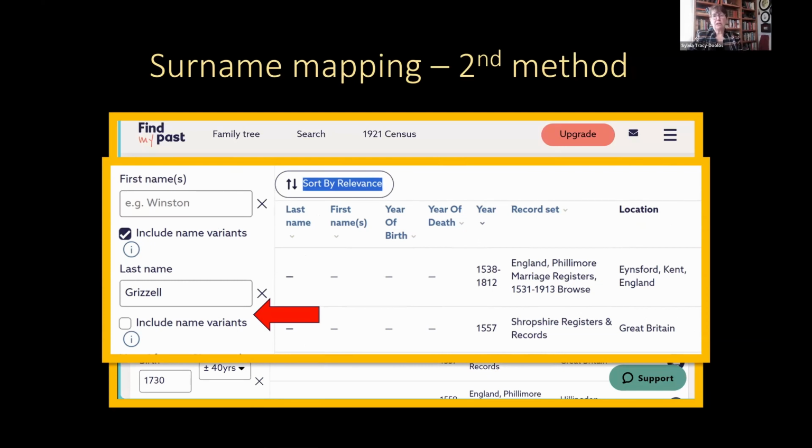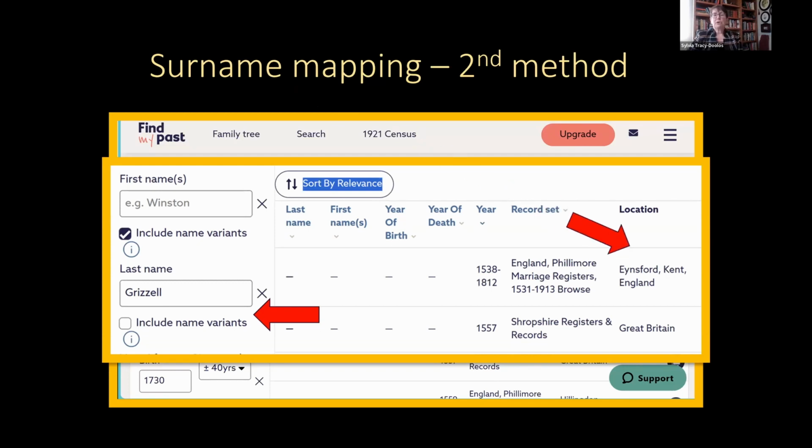Ultimately, I may want to include those variants, but this family was very specific. Their name was always spelled the same way in all the Virginia records. So I'm going to assume that that name is what I'm going to actually research, and then I can expand beyond that if I'm not having good results.